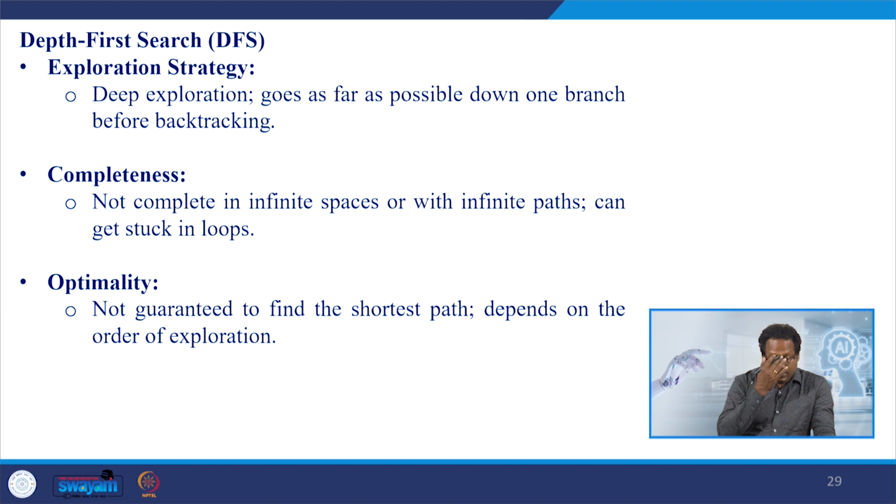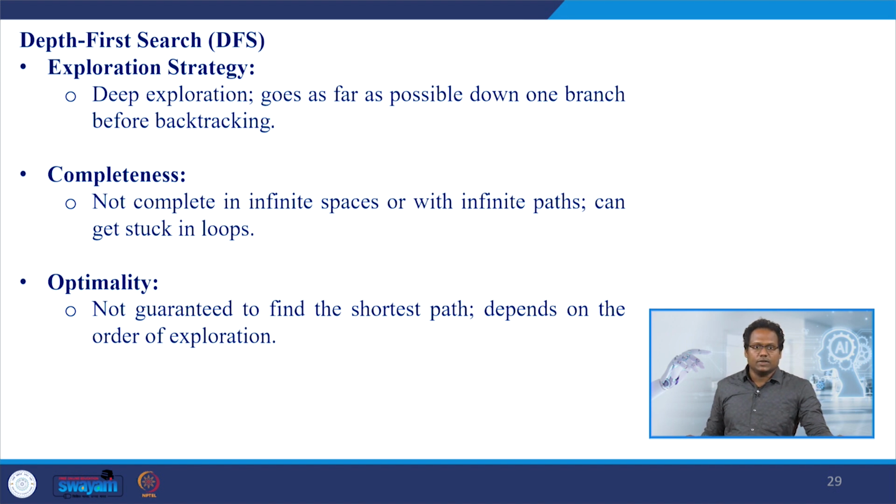Now, let us see with the depth first search approach what happens there with these metrics. The exploration strategy here is deep exploration, goes as far as possible down one branch before backtracking. That is why the name depth first search algorithm.